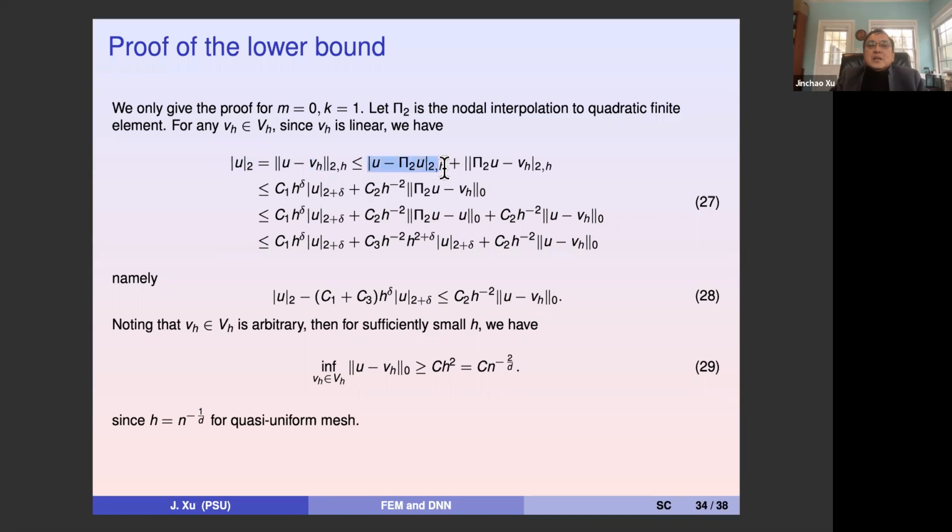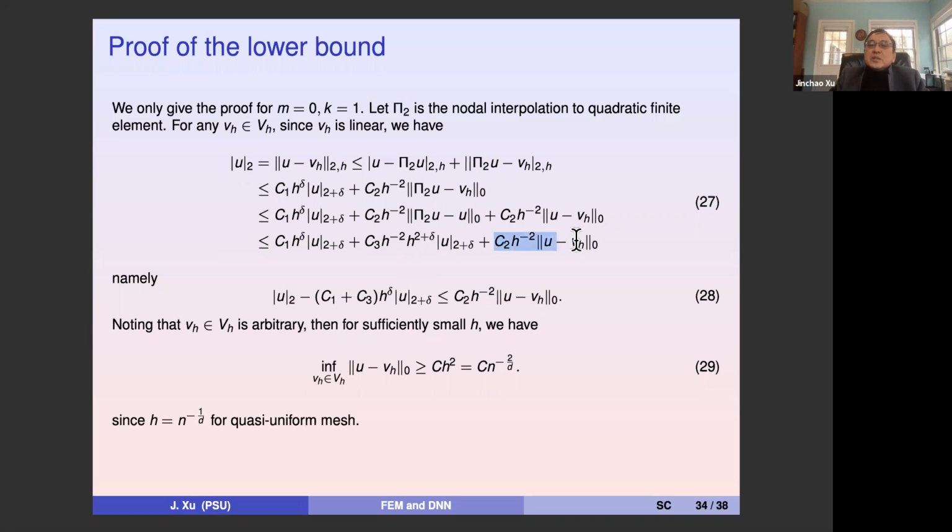Then you do a quadratic interpolation and a triangle inequality. For quadratic, you can have h to the 2 plus delta. This one you do an inverse inequality, and you keep the first term. This one you do a triangle inequality again. And for this quadratic interpolation, you have h to the 2 plus delta, because it's quadratic.